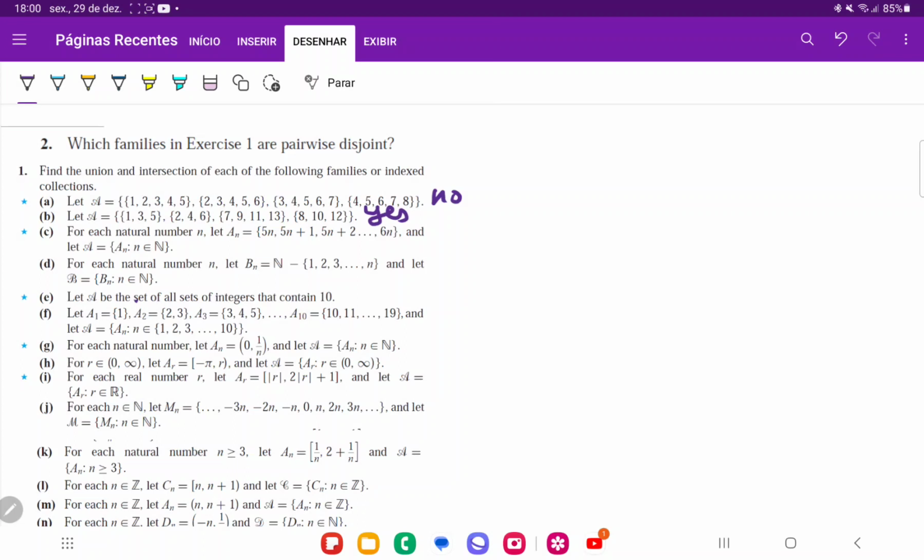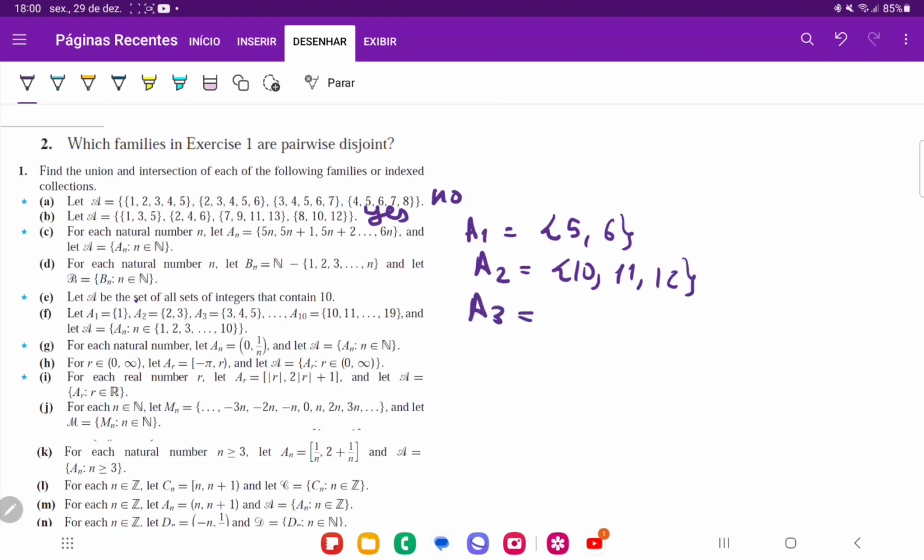For item C, we're just going to expand these a little bit. And I won't go through the logic of these sets. If you want to go through them in depth, you can look at the previous video, which was 2.3.1. So let me just expand this. For this one, A1 is going to be the set 5, 6. A2 is going to be the set, let's see, 10, 11, 12.